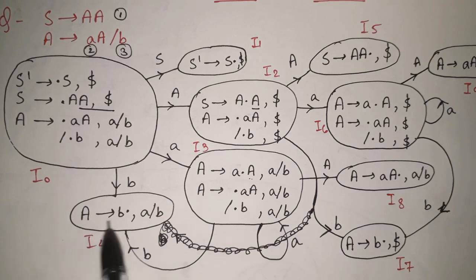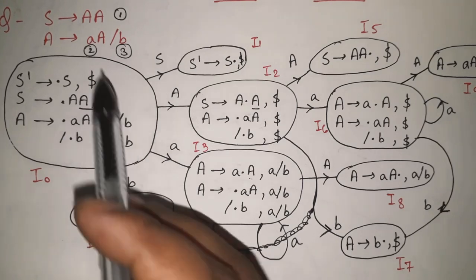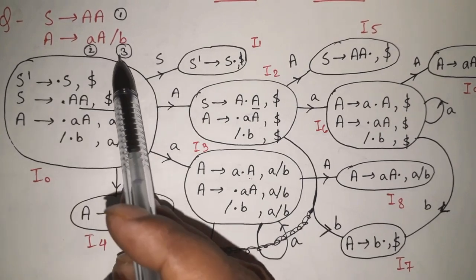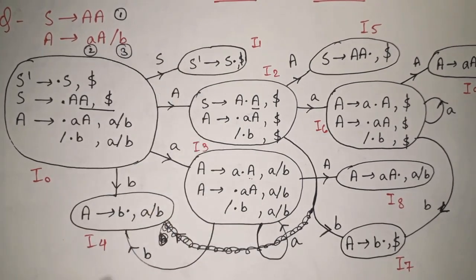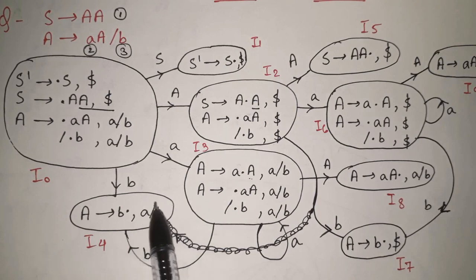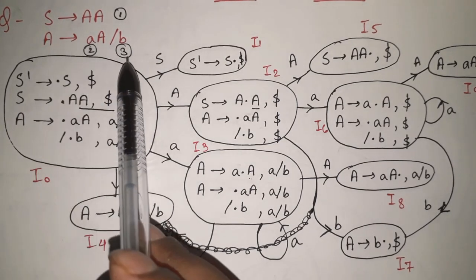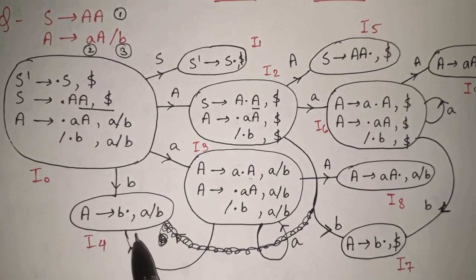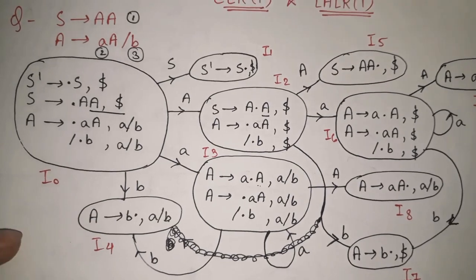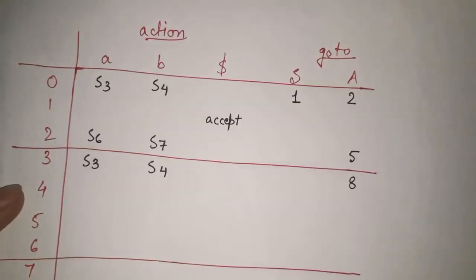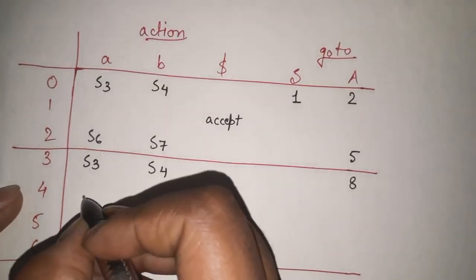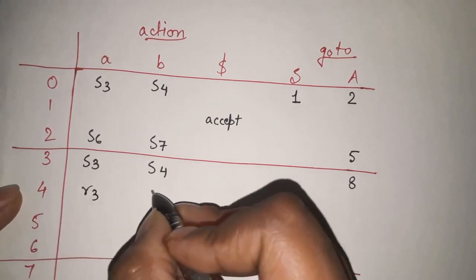So it is a reduction move, and which number of reduction move is it? 3. So I have to place R3 as I told, where? In the look ahead. So here the look ahead is small a and small b. So for A gives B dot, that is my R3, I have to place R3 inside A and B column and in the 4th row. Fine, it is that simple.